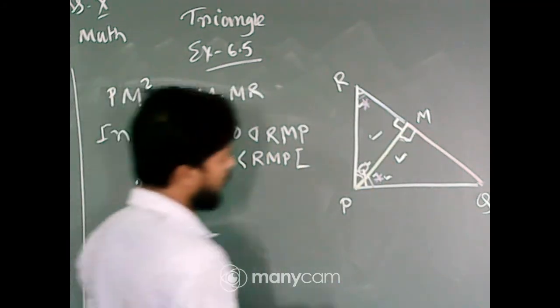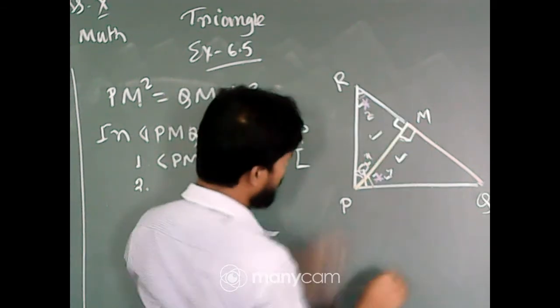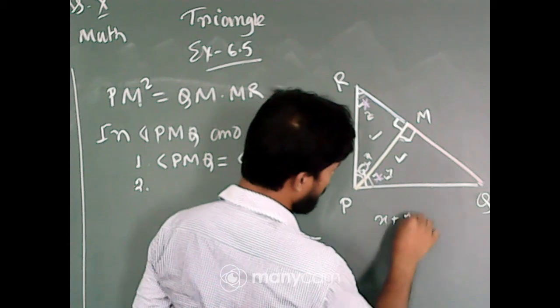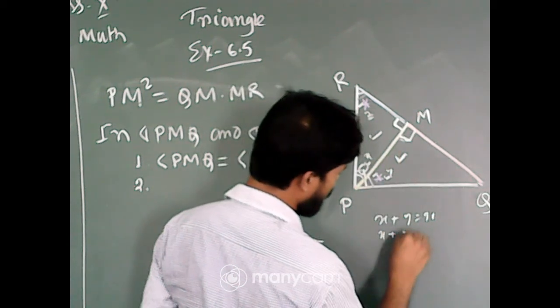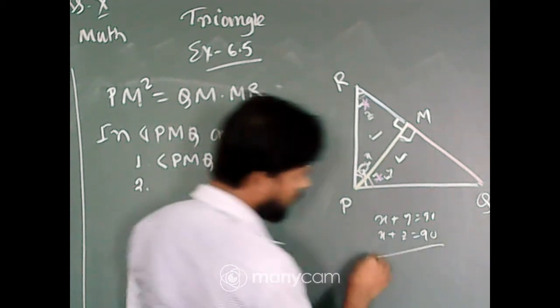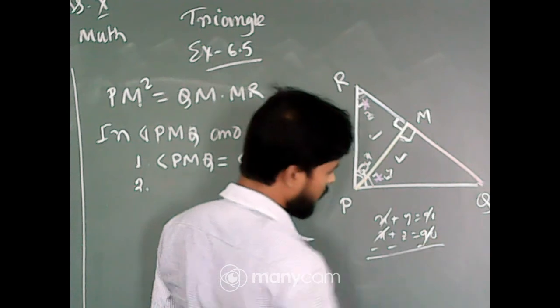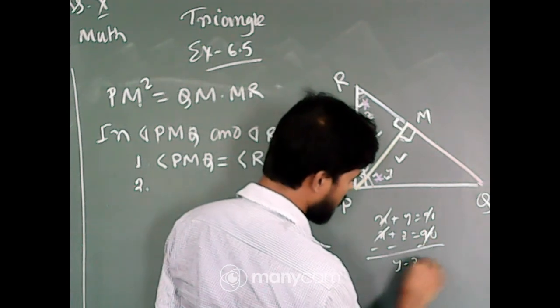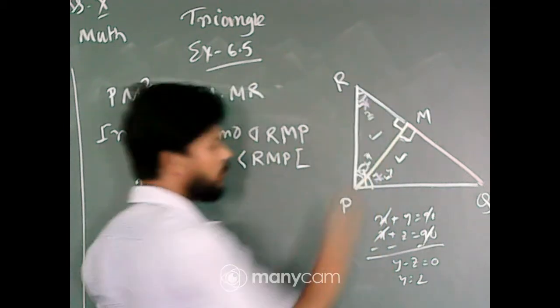Or you can prove it like that. Let this be x, this be y, and this be z. So x plus y equal to 90 degrees, and z plus x equal to 90 degrees. Now if I subtract them, x and x will cancel each other, 90 and 90 will cancel each other. So y minus z equal to 0, means y equal to z. So y and z are equal.